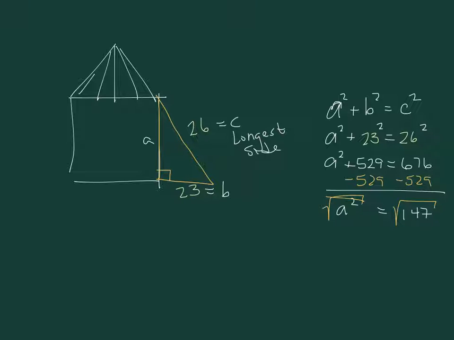It's going to knock that out, giving me A equals the square root of 147, which equals 12.124... right? Since I'm only caring about the tenths, I look next door, and since that's less than 5, I have A equals 12.1. Okay? And that's how you would solve that one.